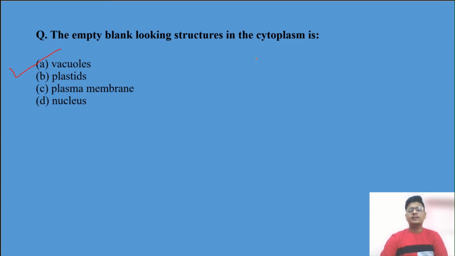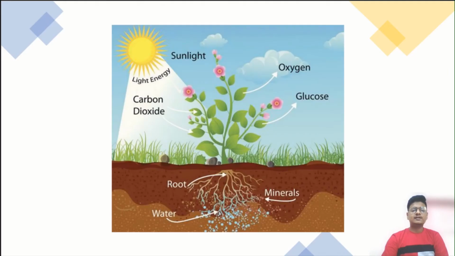Okay students, but let's first go line by line. You are able to see this picture. By this, photosynthesis is occurring, and photosynthesis is done by chlorophyll. And chlorophyll is a component of, I will tell you the main point.